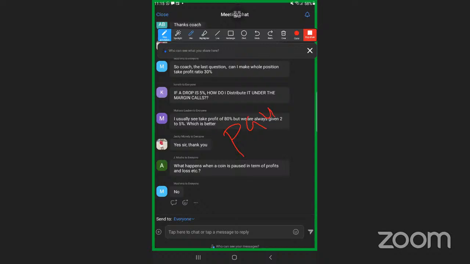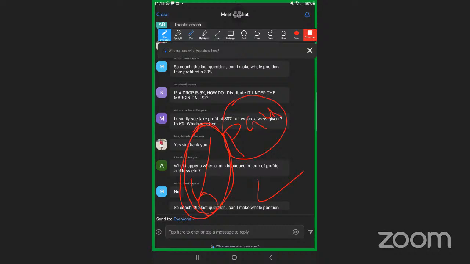What it simply means is, when it reaches your take profit, it will never sell. If you still have margin calls that are open on the coin, when it reaches a drop, it will never buy. So it will be trading, but in the background. If it lands into profit, you go to the paused coins, the stopped ones, and you restart again.